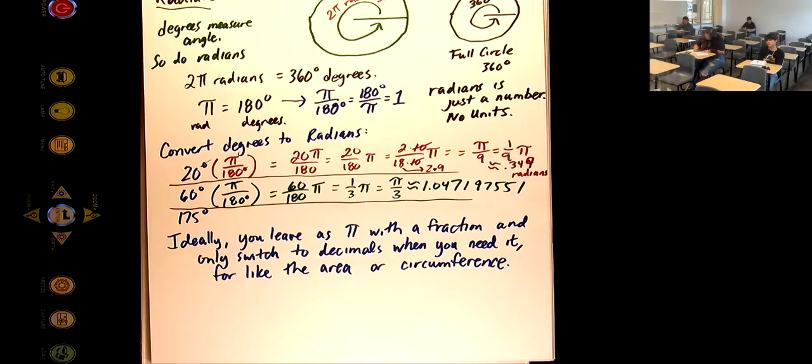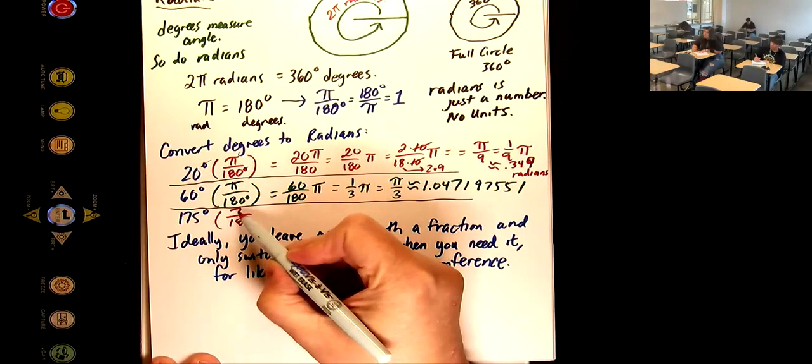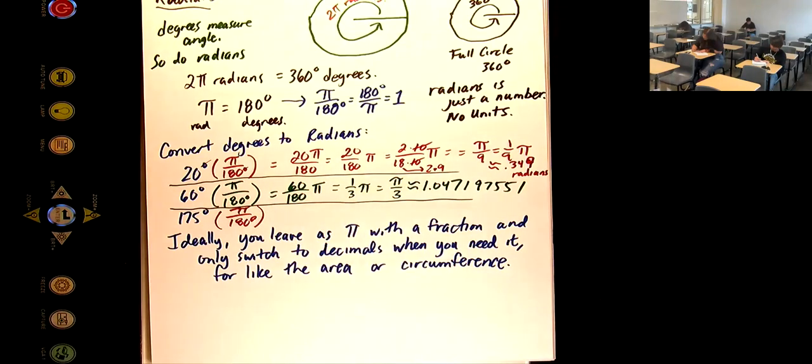So why don't you guys try doing 175 degrees? Convert this to radians. Try to do it as a fraction first.